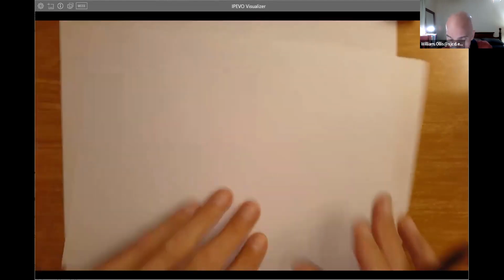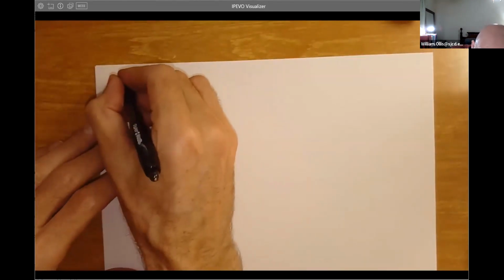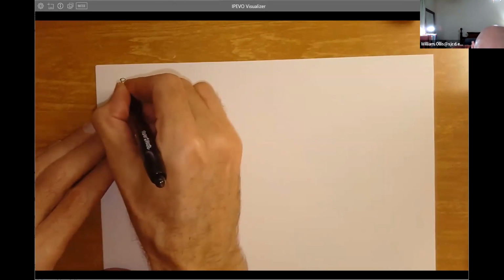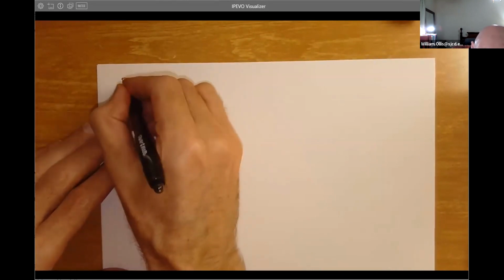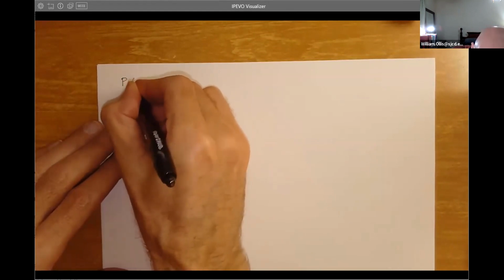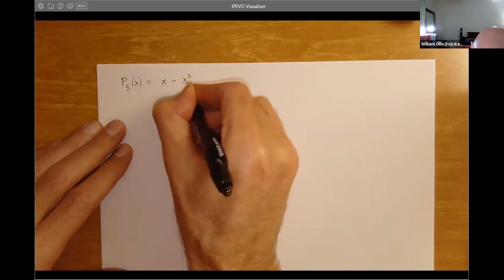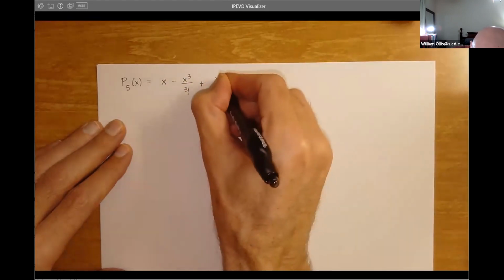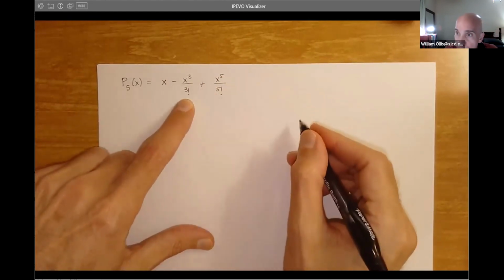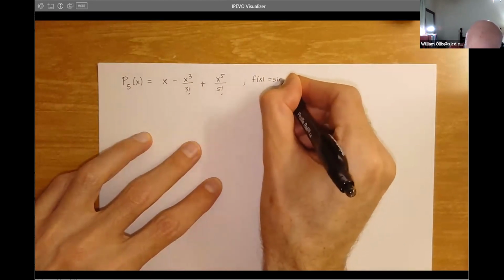Now, let me just give you a couple of polynomials here. Say we did the 5th degree for sine. It looks like this: x minus x cubed over 3 factorial plus x to the 5th over 5 factorial, etc. So this is a nice odd function, as sine needs to be, and this is for f of x equals sine x.